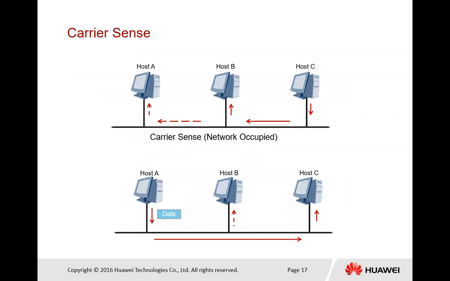Carrier sense is a network protocol that listens to and senses network signal on the medium before transmitting any data. It works with CSMA, which is implemented in Ethernet.